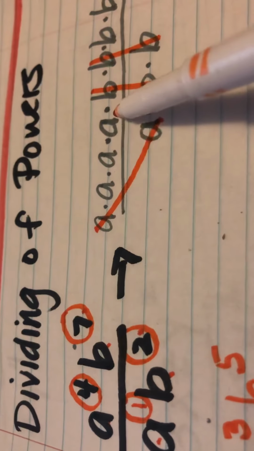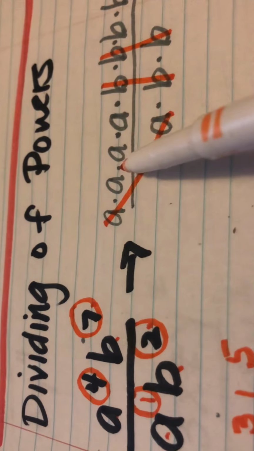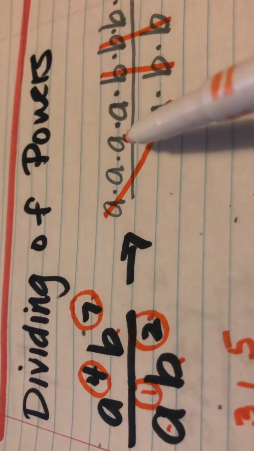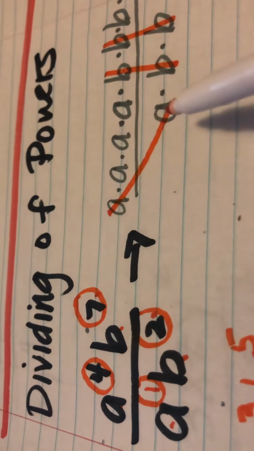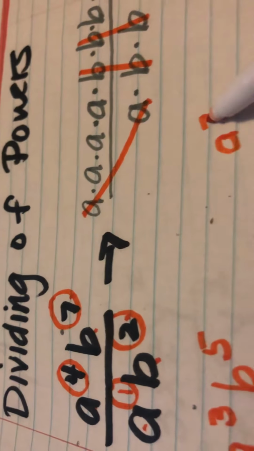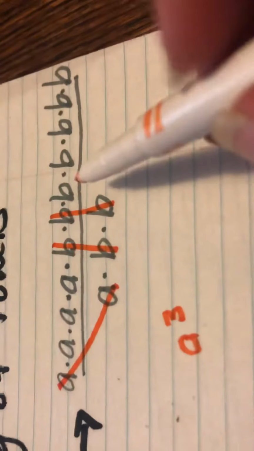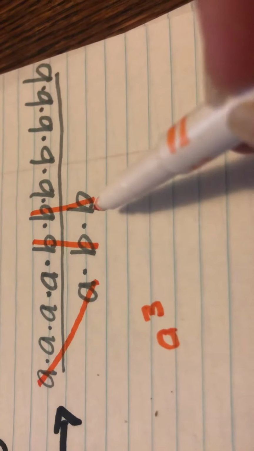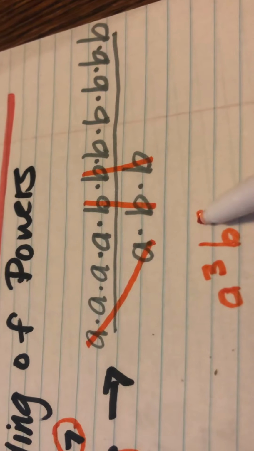So as you can see, I had 3 more a's on the top than I had on the bottom. You see how I have 3 left over? Because 4 minus 1 is 3, leaving me with 3 left over. And over here, I had 5 more b's on the top than I had on the bottom, which leaves me with b to the 5th power.